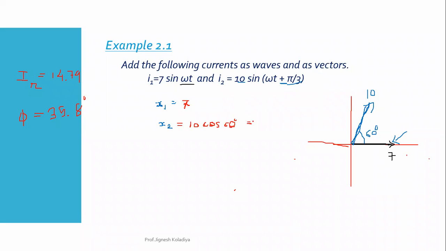So I will get 5. So resultant x is what? x1 plus x2, 7 plus 5. So it is 12.